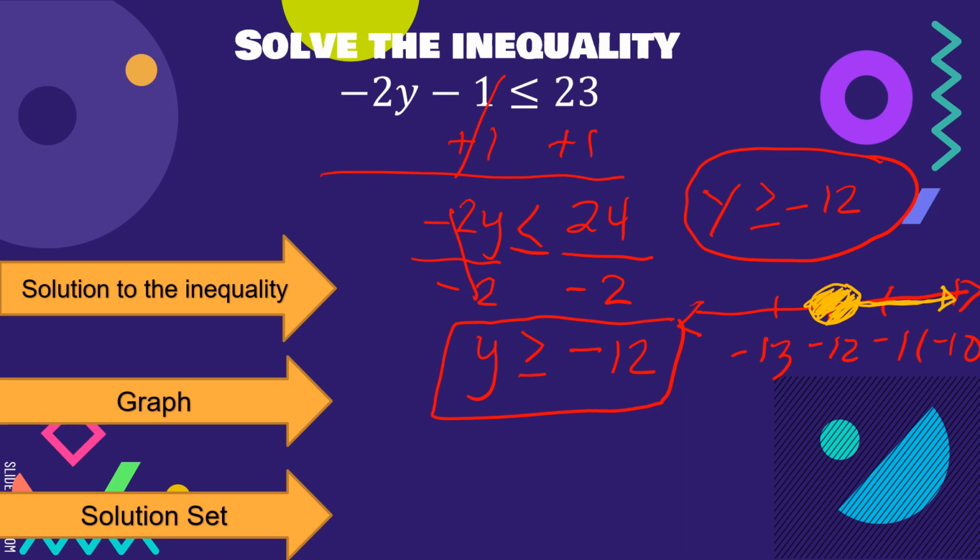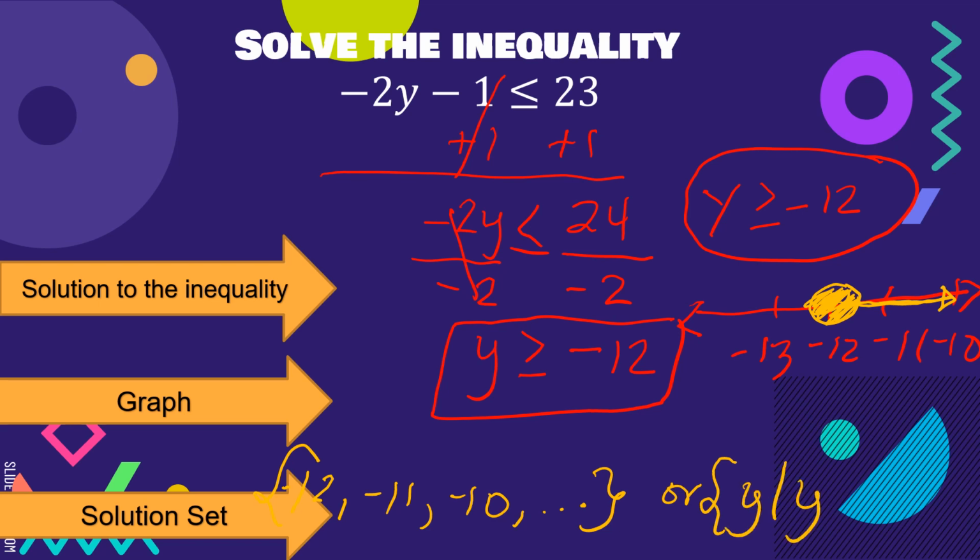And we are going to write our solution set. So our solution set will be negative 12, negative 11, negative 10 up to positive infinity, or this is simply the set of all y such that y is greater than or equal to negative 12. So again, what happened here?